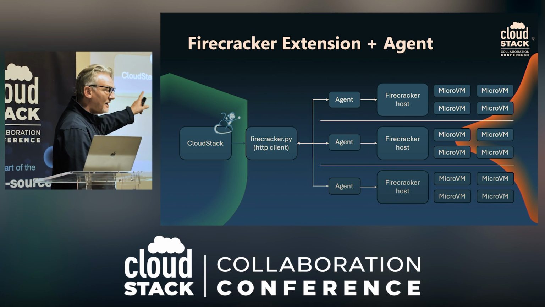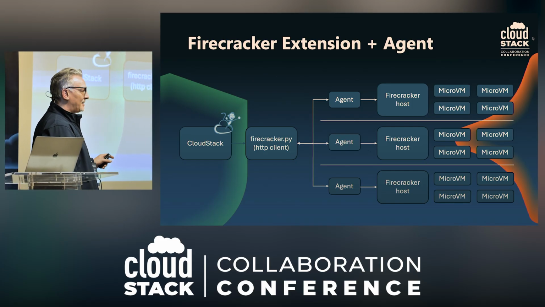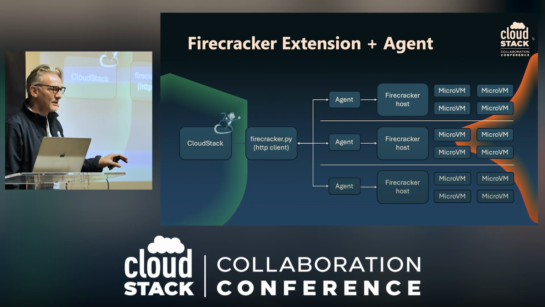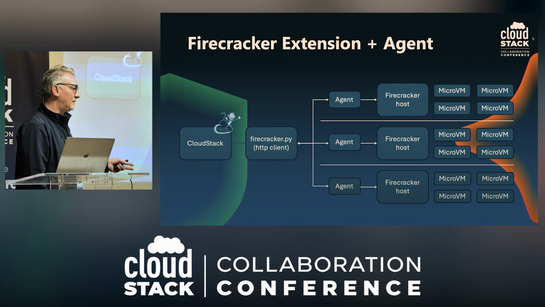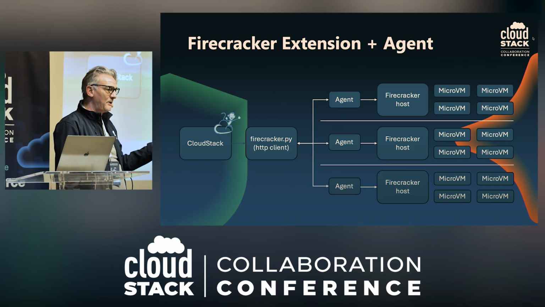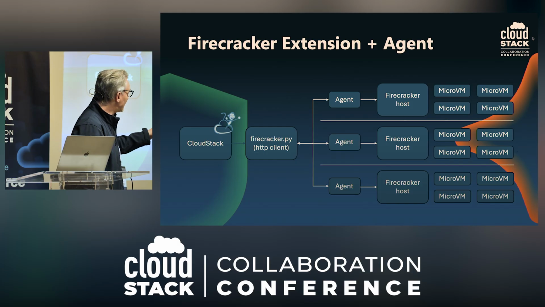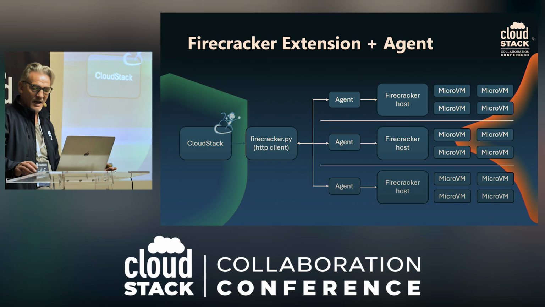This is the extension. After, in each host, I have an agent serving an HTTP server with authentication, TLS, and a RESTful API to control Firecracker on the host. And in that way, I can create micro VMs as I need.